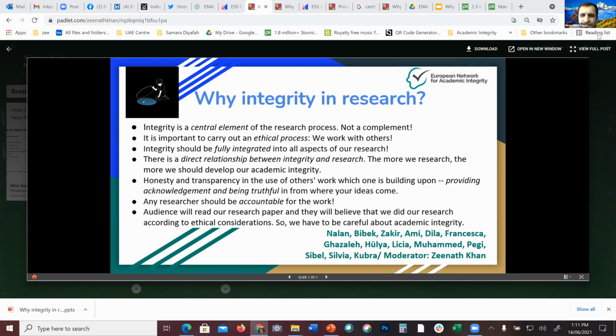In that part, we have discussed that integrity or ethics is not for others; it's for one to be ethical or to be honest in research. So that part also we have added, and another one is to be accountable in the research for what we have done. But here is one concern I also have: accountable to whom? Accountable to us, accountable to those who have done the work. So that part we have done.